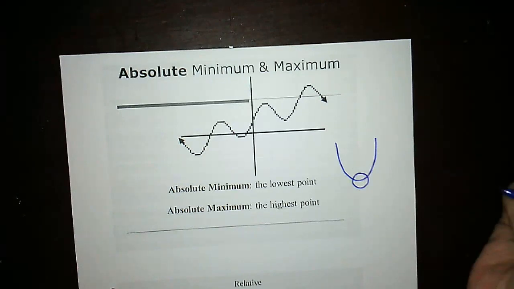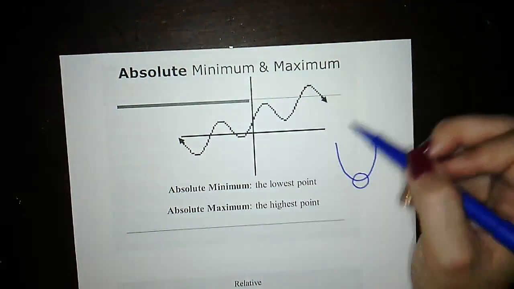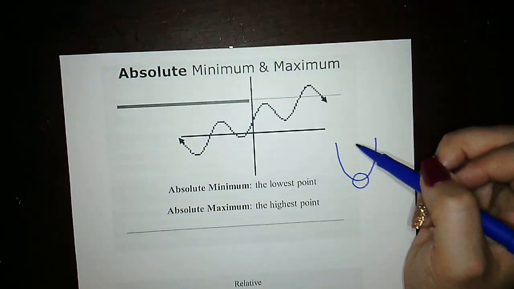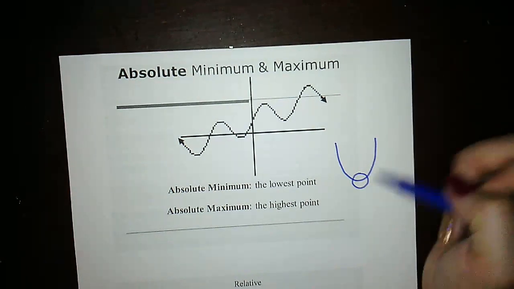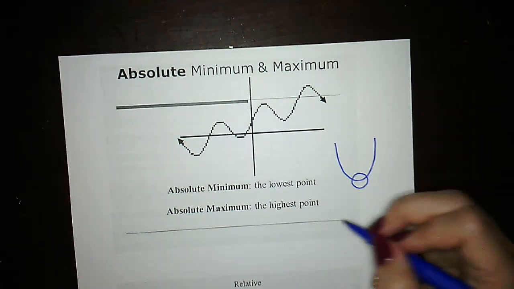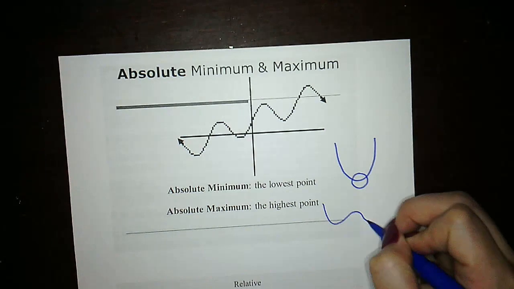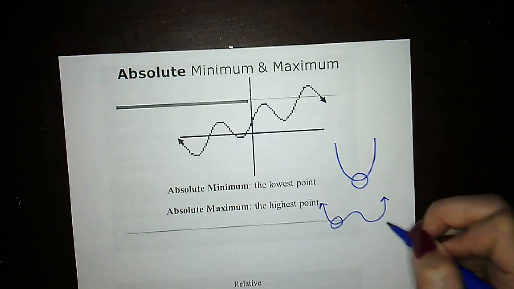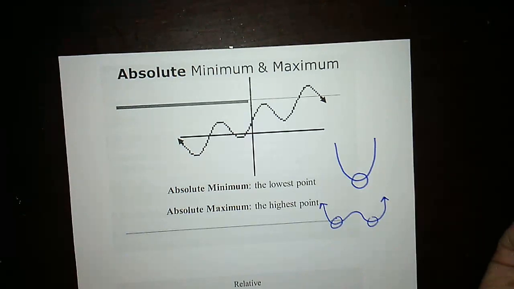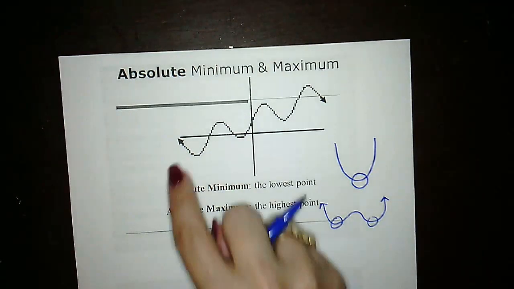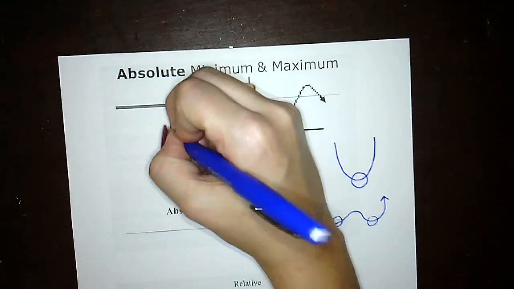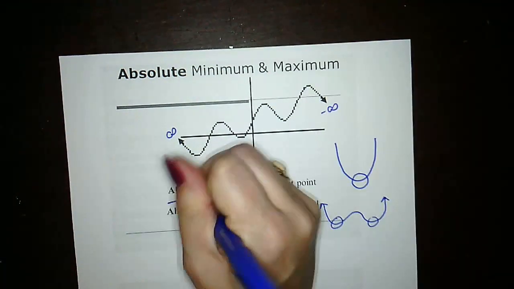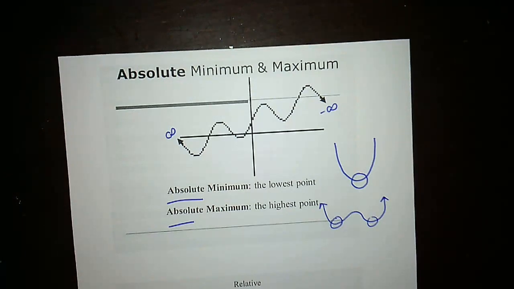This is my absolute minimum. Here, because it's going towards positive infinity and negative infinity, I don't have any absolutes, but if I have a quadratic, or if I have a quartic function, this would have either 2 or 1 absolute minimums depending on what the graph looks like. But because it's going towards positive infinity and negative infinity, this does not have any absolute because you're looking for the lowest or the highest points.